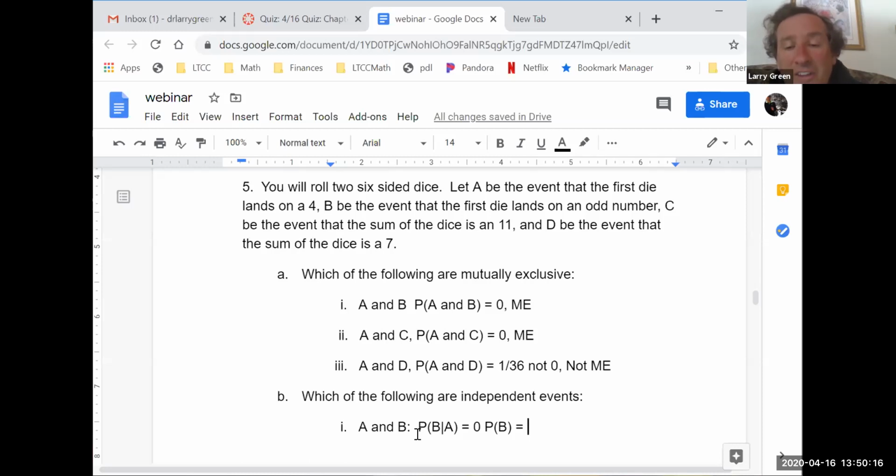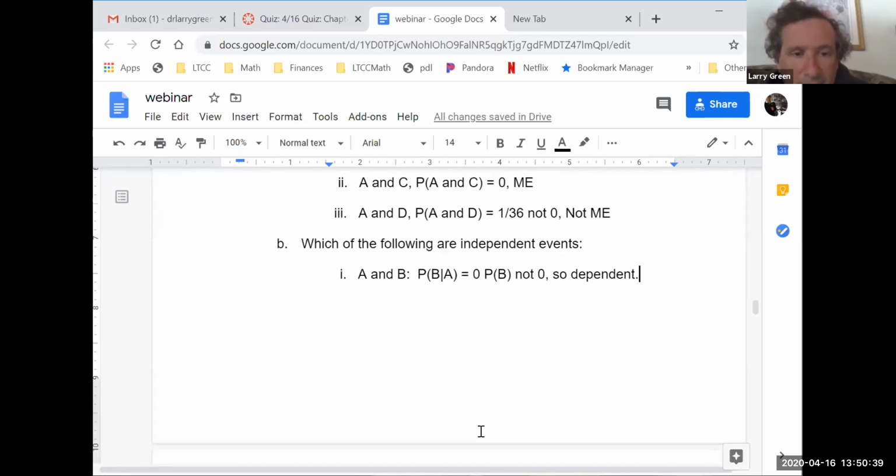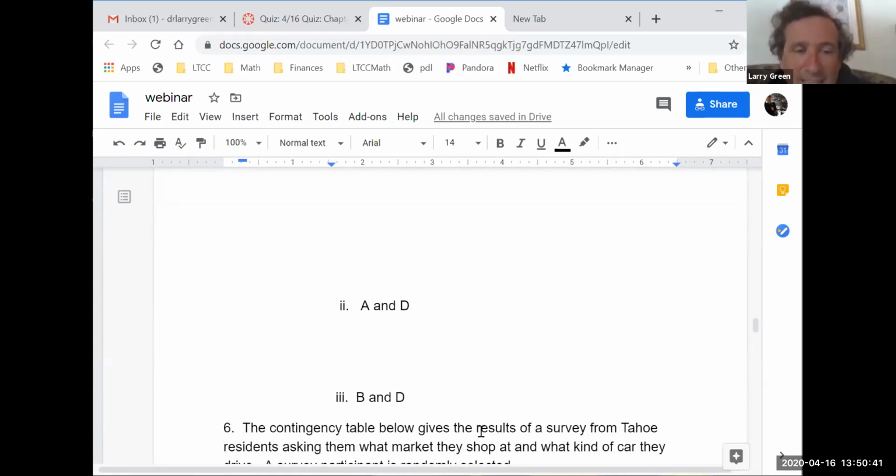So it's large actually. So it is not equal to 0. That's really what matters. So they are dependent because they're not the same. Any questions on part B1? Okay, let's do part B2, A and D.